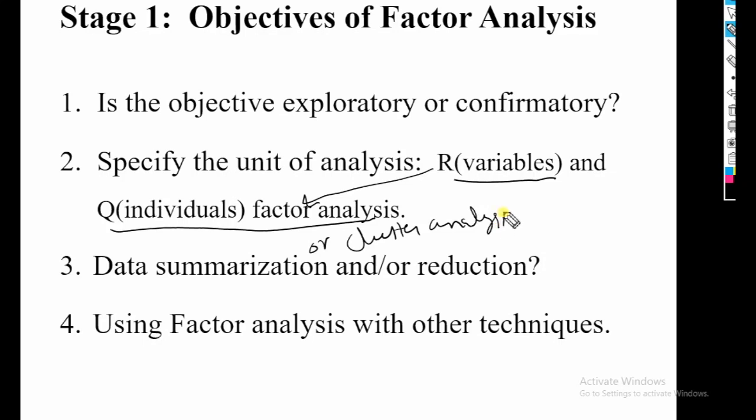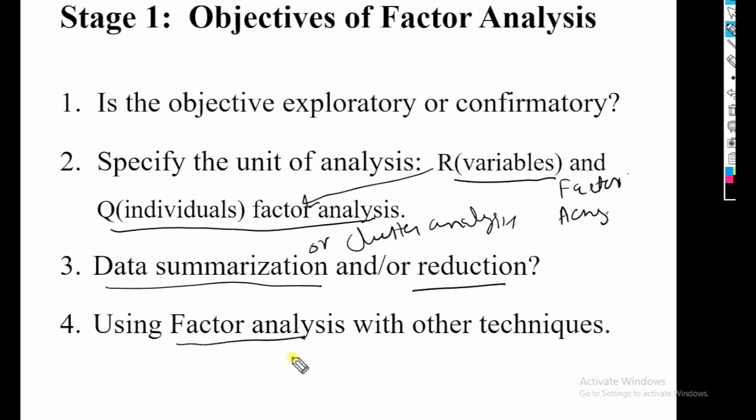Here our purpose is to reduce a large number of questions into a few, for data reduction or summarization, and then use factor analysis with other techniques.